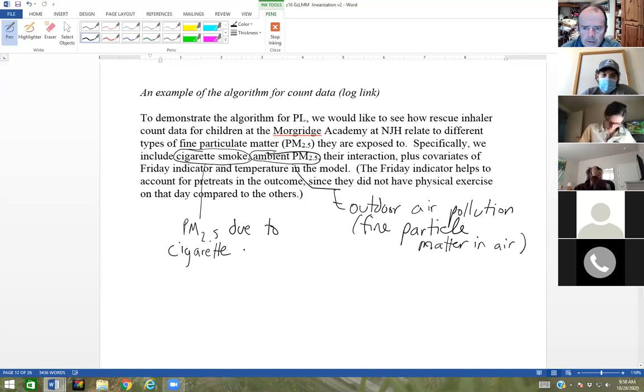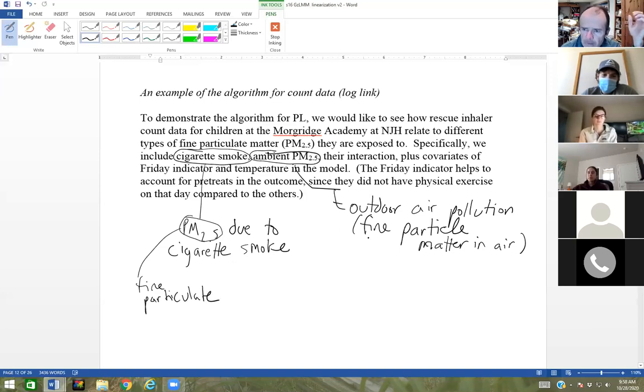So again, this is the fine particulate. So you could have these particles in the air that are caused by things like cars and industries, that's outdoor air pollution. There's that source, and then there's also the cigarette smoke. But the big question for me was, how do they interact with each other?